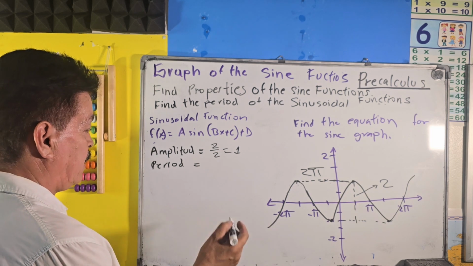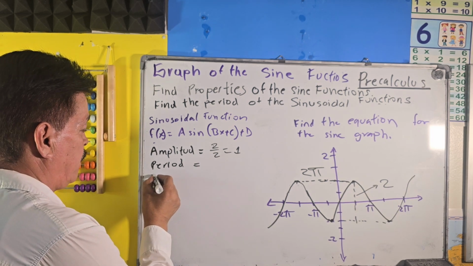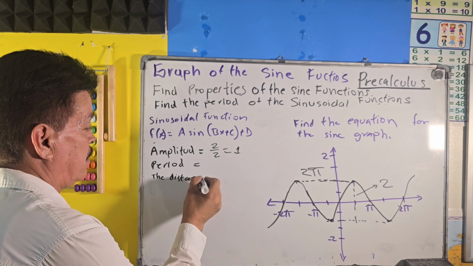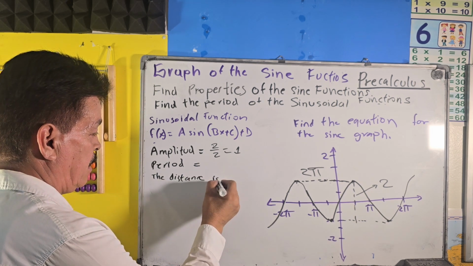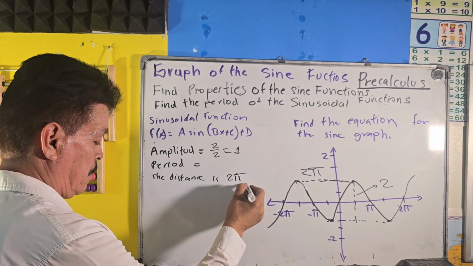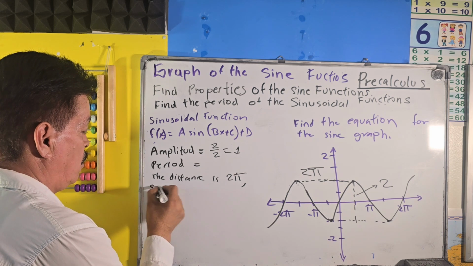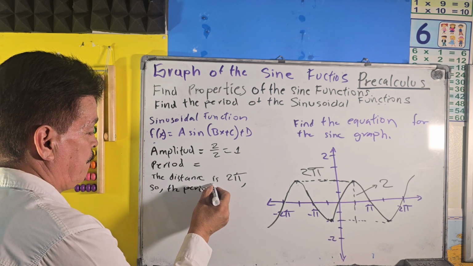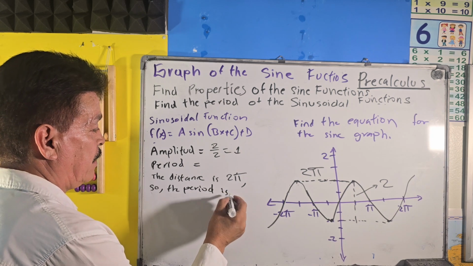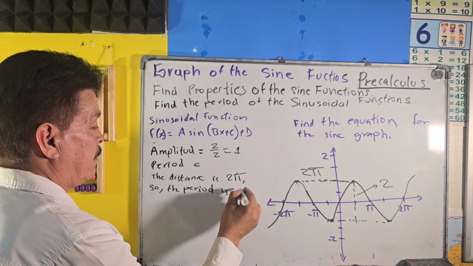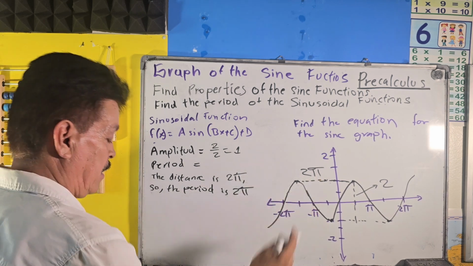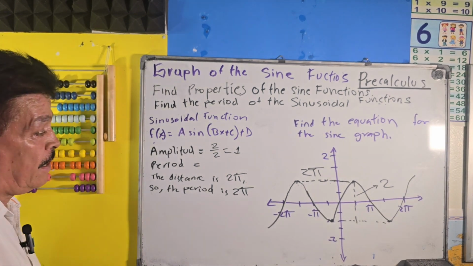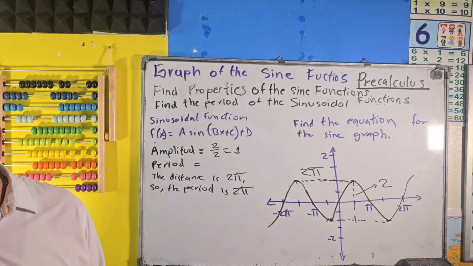So the distance is 2 pi. The period is 2 pi. So that's the answer in that question.